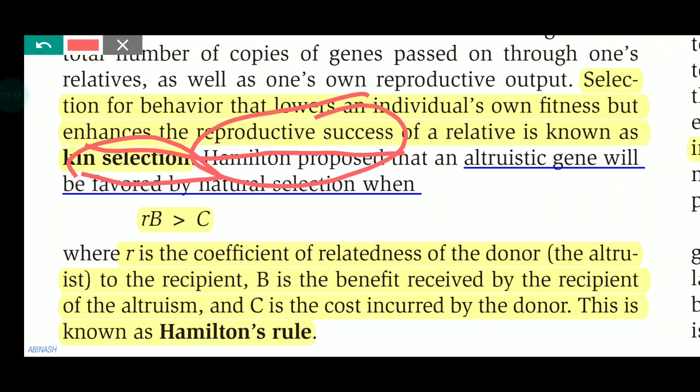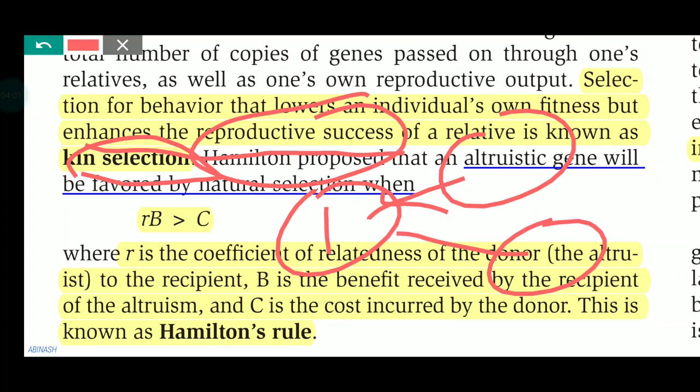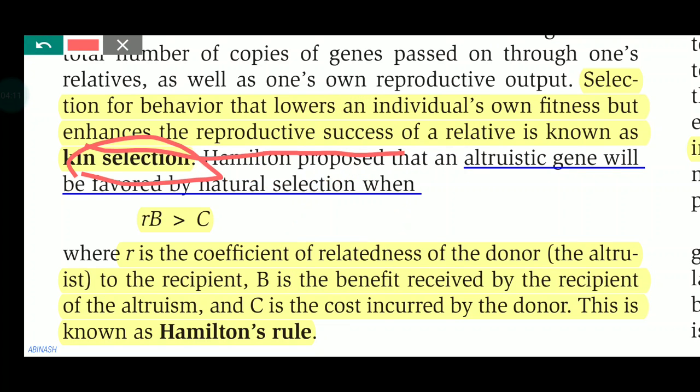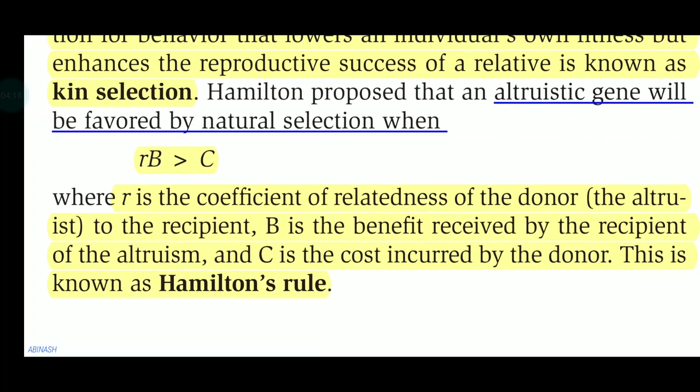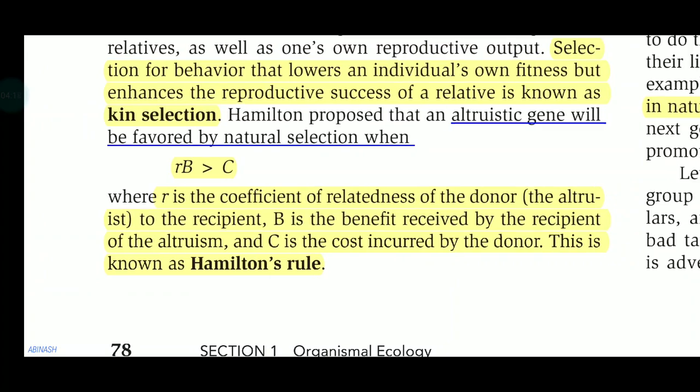The genes possessed by the parents are transferred to the offspring to be carried down. This we call B. The B is the benefit received by the recipient.